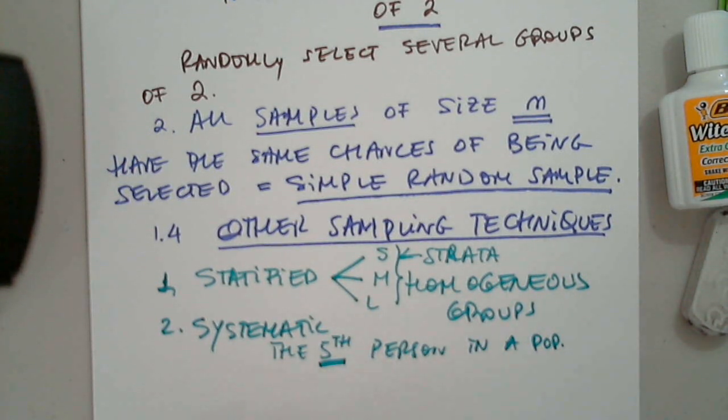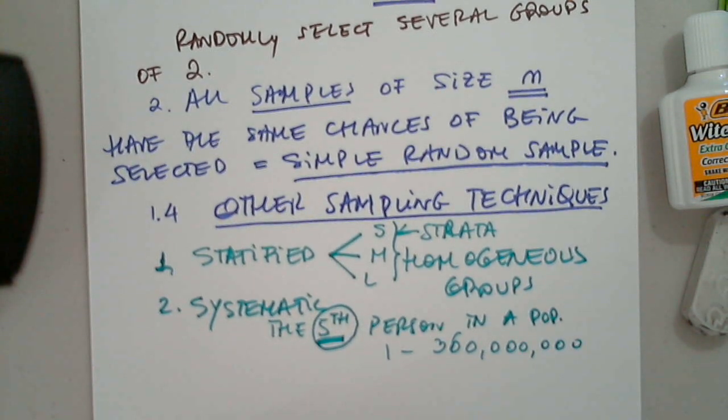Let's say we have a population from 1 to 300. I label everyone, everyone has a number, and I invite into the study the fifth person, the 10th, the 15th, the 20th. That's a systematic sample.